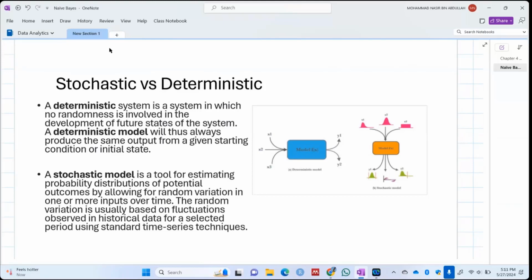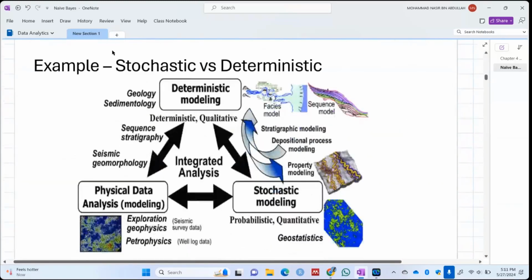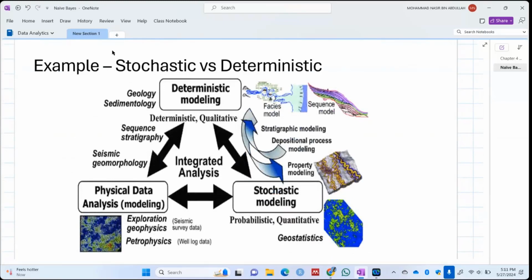It's not going to be the same as a deterministic model. This is just an illustration of the relationship between deterministic and stochastic.